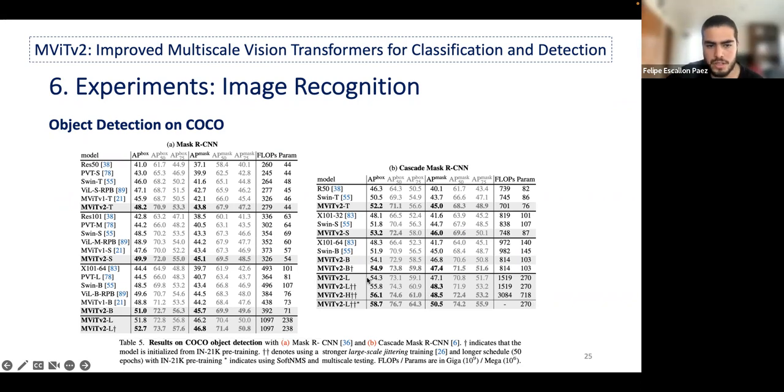What they are mostly proud of is that in most cases they outperform methods while reducing the flops and the parameters. For instance, we can see that in this small model, we have 54 parameters and a better performance than some of the CNNs and some of the transformers that have a lot more parameters.